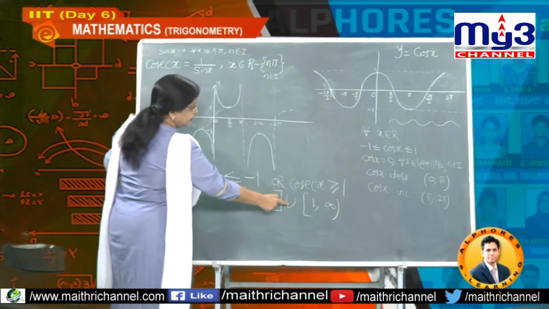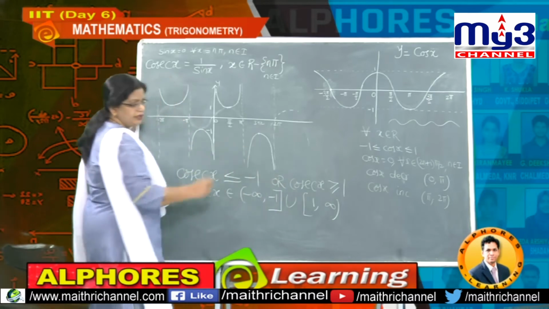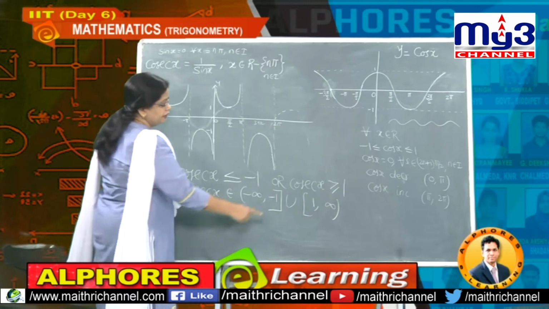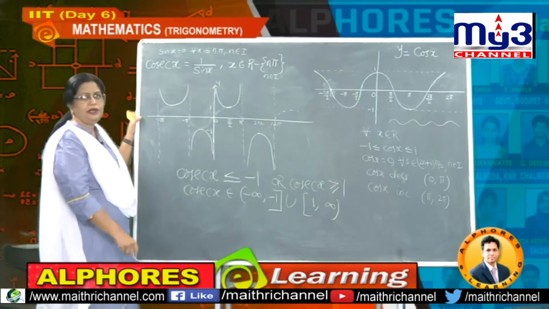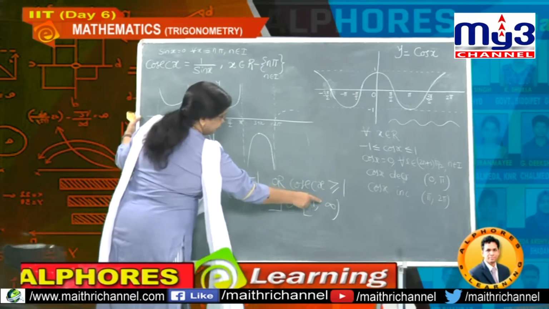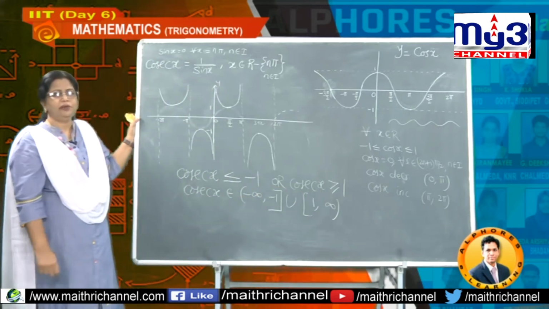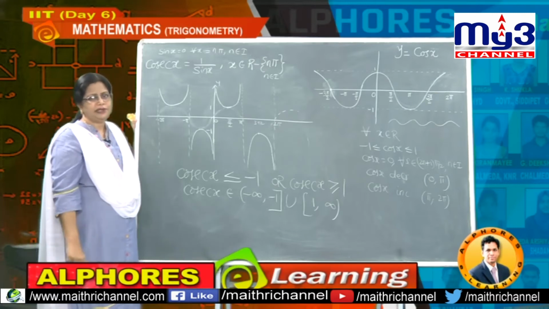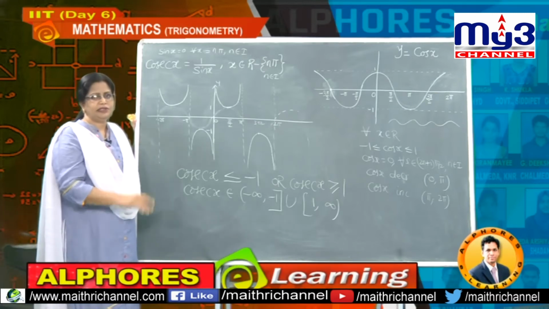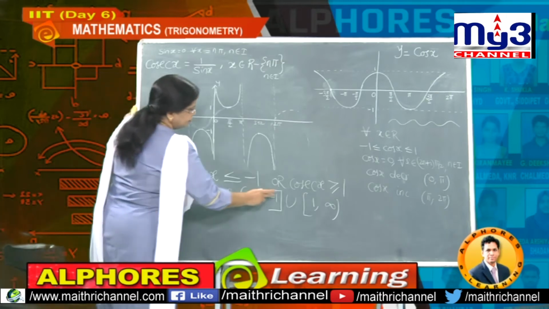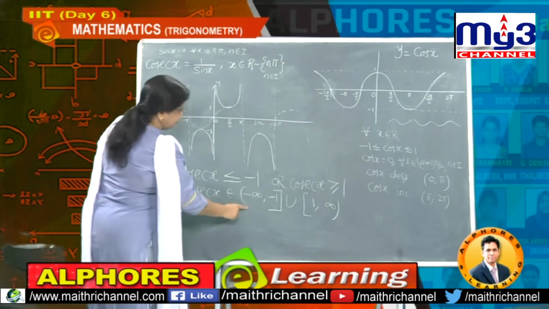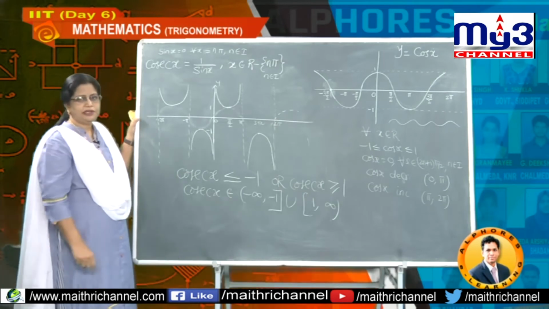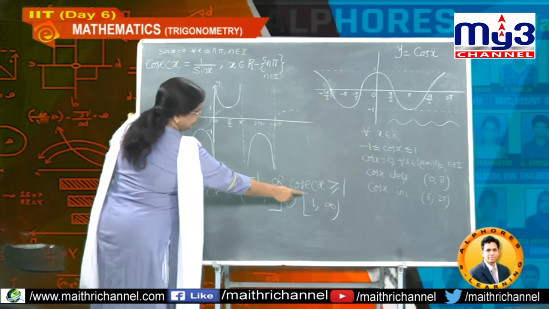Union usually we denote for the symbol R. So I used this bracket, meaning including minus 1, including plus 1, and I use this bracket because infinity, minus infinity only we are using as a symbol for the largest or least number. So you don't know exactly what the value is. That's why here we kept an open interval, that is a parenthesis bracket. So students, you observe cosecant x belongs to this kind of interval.